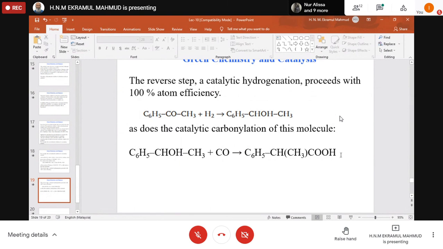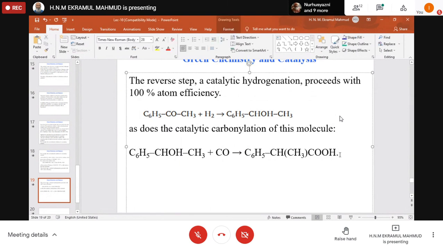Now, what type of catalyst is used is not mentioned here. However, suppose any catalyst, the purpose is that if we use a catalyst, you can convert this with 100% atom efficiency. That means undesirable products can be minimized by using the catalytic route. This is the only thing. Okay?